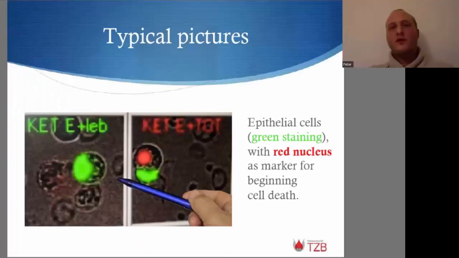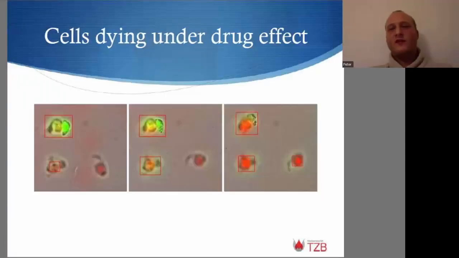So what we see is whether a cell dies under a drug effect. And we do counting as soon as we have put the drug into the blood, and then we watch at different time hours whether one or the other drug kills more circulating tumor cells.